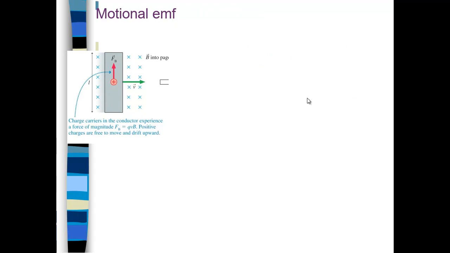So what will happen is if we have a magnetic field going into the page, and I take a conductor that has charge on it, and I move it with a velocity v through the magnetic field, then that charge carrier is going to experience a force of magnitude, using the right-hand rule with the magnetic field.